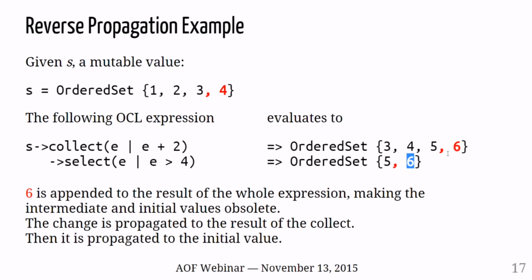In this sense, because it would be an insertion, what would happen is that you will also insert here a 6 between the 4 and 5. So basically, what active operations do, they keep the kind of change. If the change is an addition, they propagate an addition of elements.